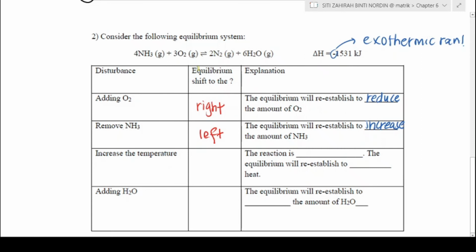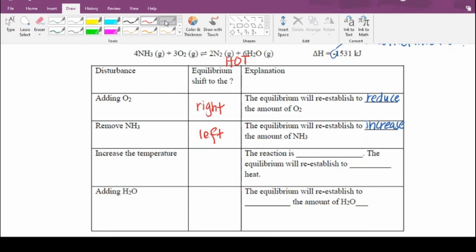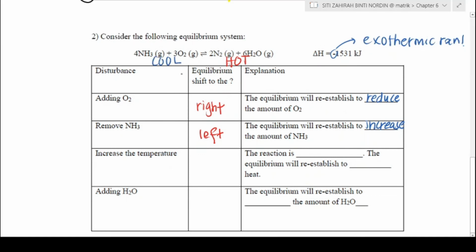So when heat is released, the product side is hot, while the reactant side remains cool. When I increase the temperature, let's say that I introduce a fire to both sides. Excuse my fire.